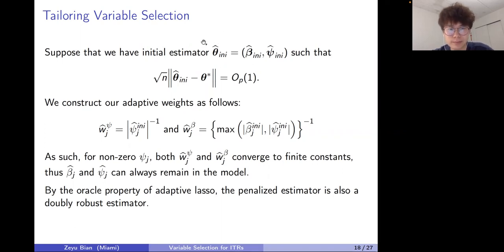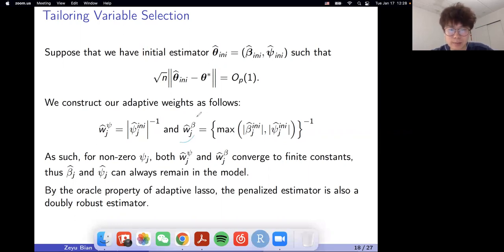However, for the adaptive weights corresponding to beta, we construct them by taking a maximum between beta j and psi j here. As such, for non-zero psi j, both wj psi and wj beta will converge to a finite constant. And as such, beta j hat and psi j hat can always remain in the model, and we always have the strong heredity property.